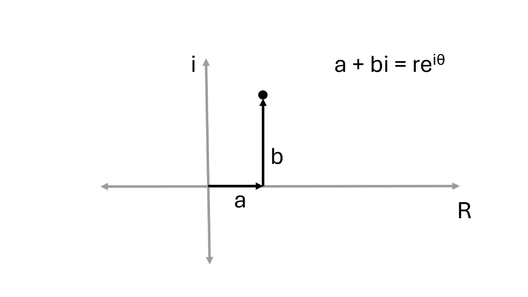We have a plus bi equals r times e to the i theta. So here, instead of using a and b as horizontal and vertical coordinates, we are looking at an angle theta and a radius r.